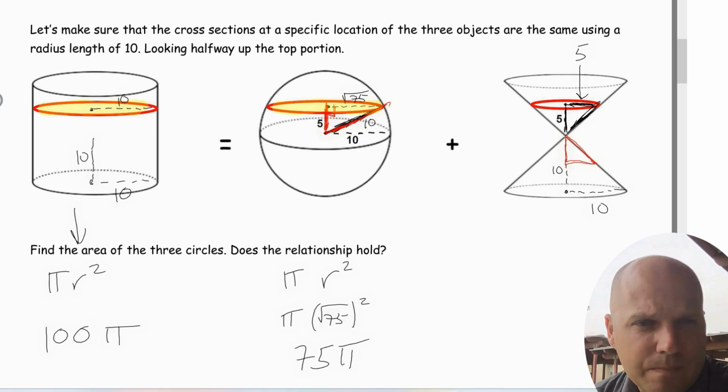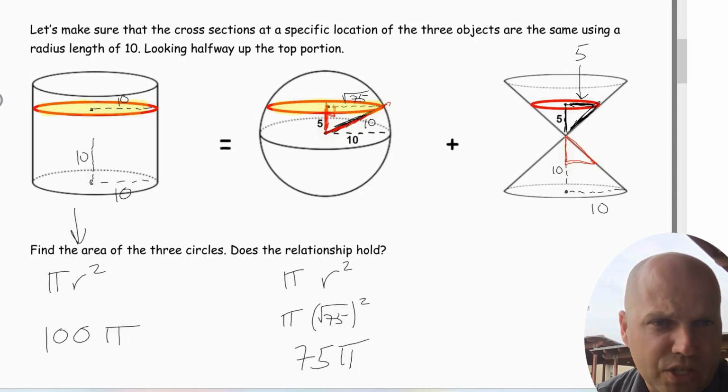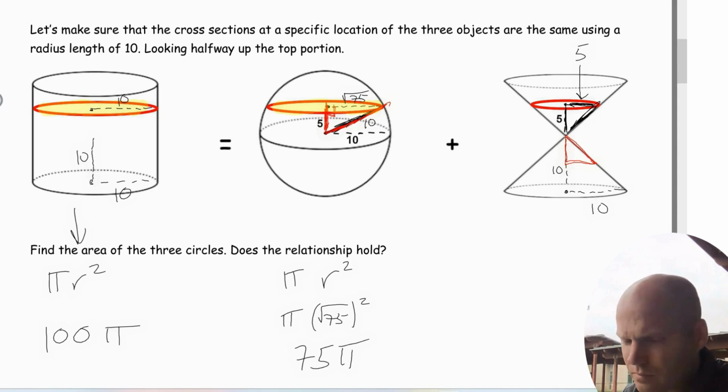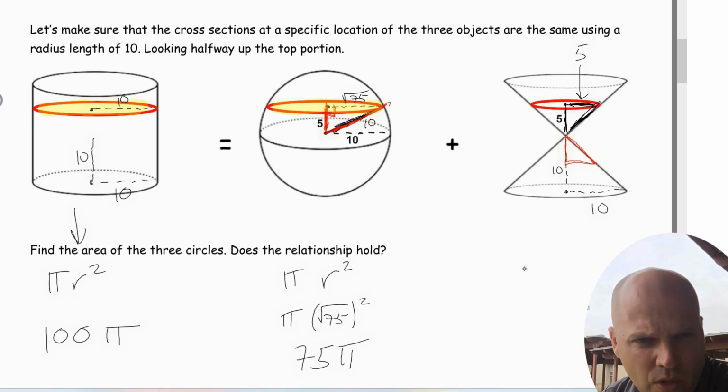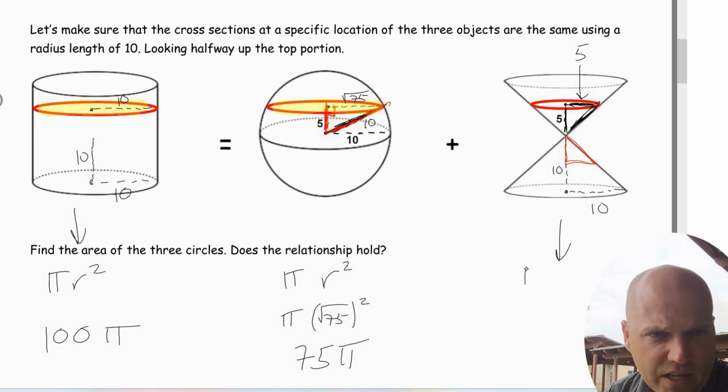They're going to be isosceles right triangles. They are similar to each other. So that's very interesting that we always have this, no matter what the height is, the radius will equal the height for this shape. Now go ahead and find the area of this circle right here using pi r squared.